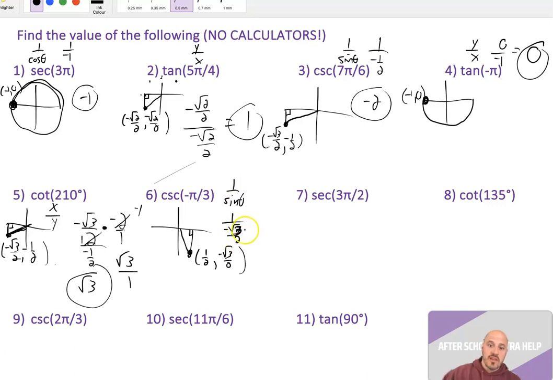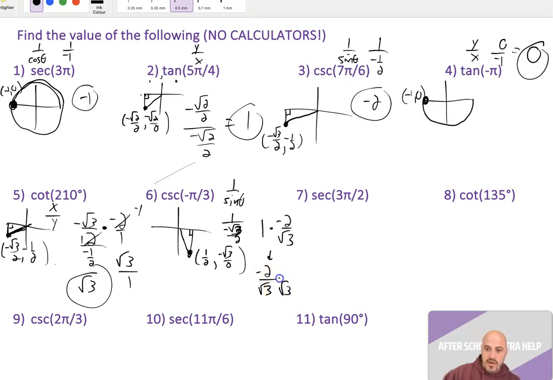That looks super ugly, so let's come off to the side and do some simplifying. 1 times the reciprocal, times 2, I'm flipping this over root 3. I'm looking at negative 2 over root 3. That also is ugly because we don't like radicals in our denominator. So let's rationalize.